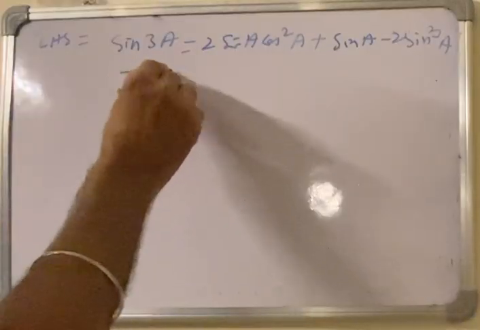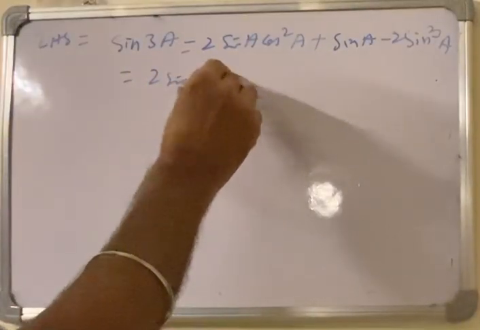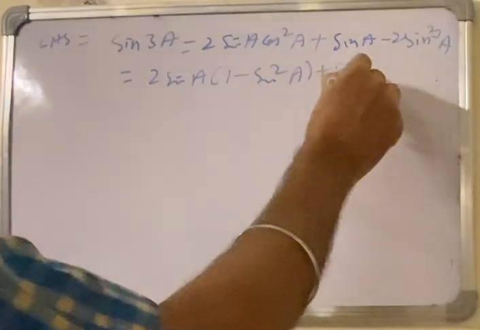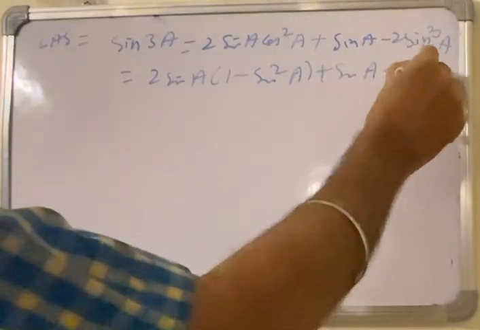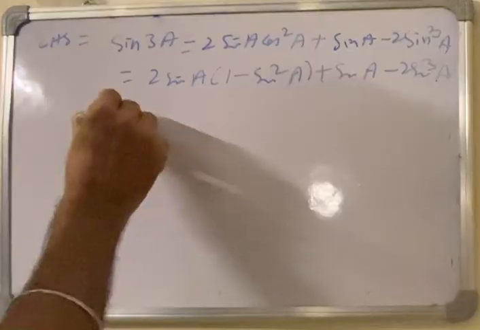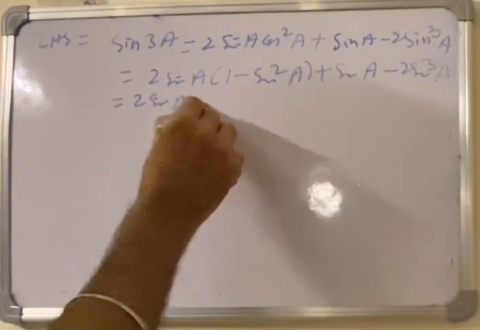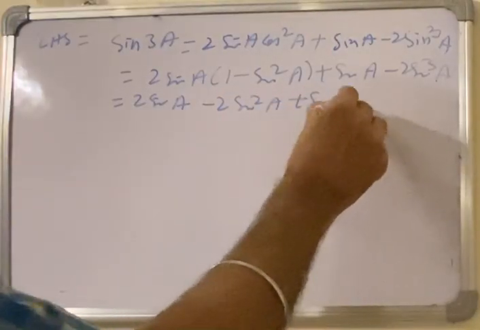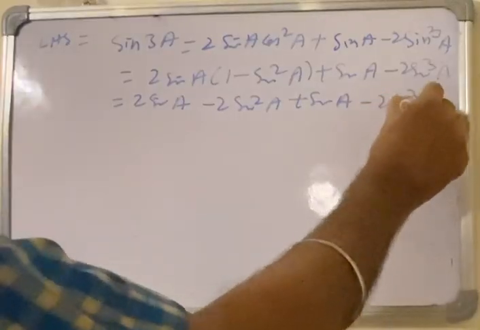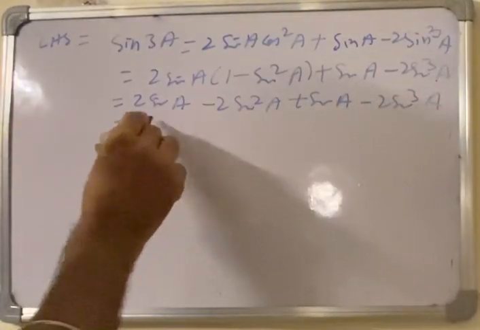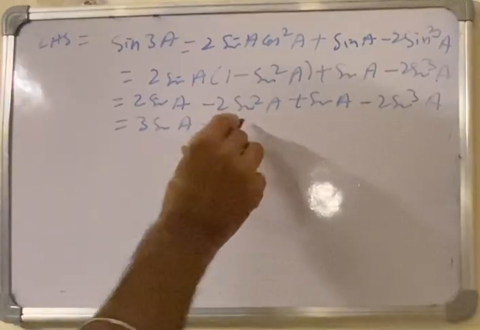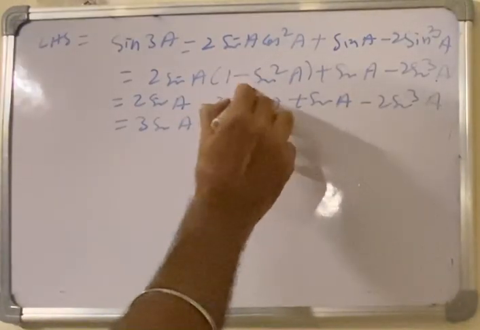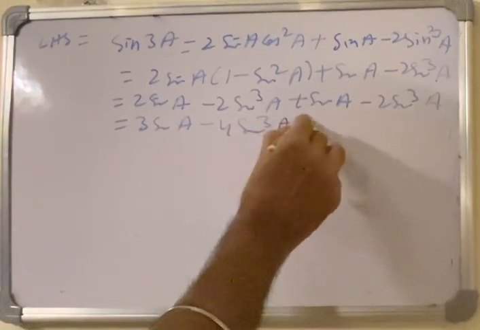We put cos square a in terms of sine: 2 sine a into 1 minus sine square a plus sine a minus 2 sine cube a, which is 2 sine a minus 2 sine cube a plus sine a minus 2 sine cube a. This will give you 3 sine a minus 4 sine cube a, which is right hand side.